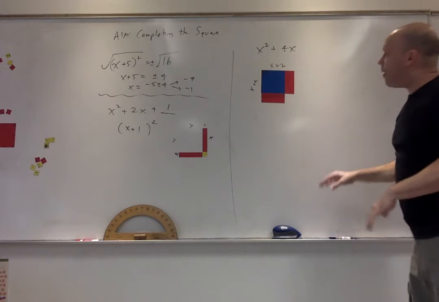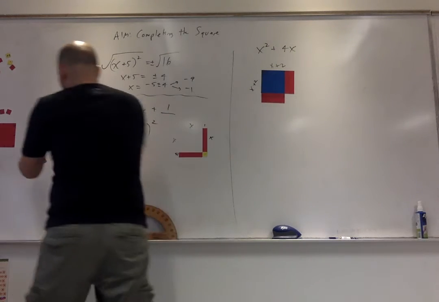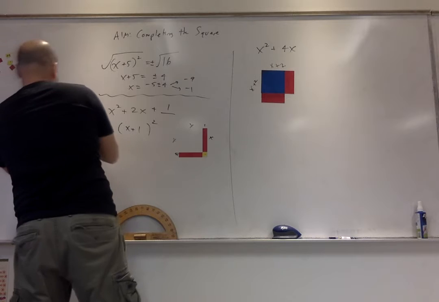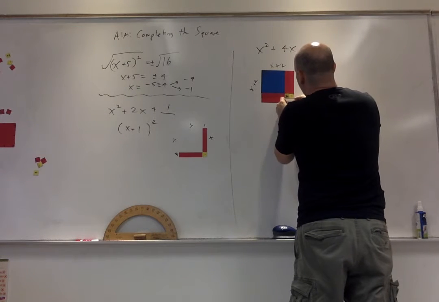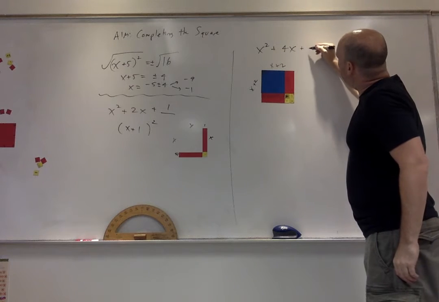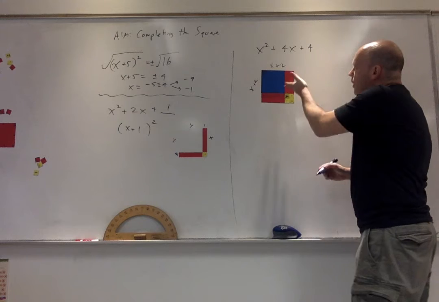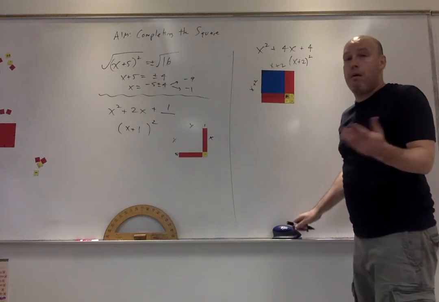And you're thinking, wait a minute, how do I complete the square? And I'm like, okay, clearly you need 4. So you add the 4 up here. And that completes the square, and then you end up having x plus 2 squared.